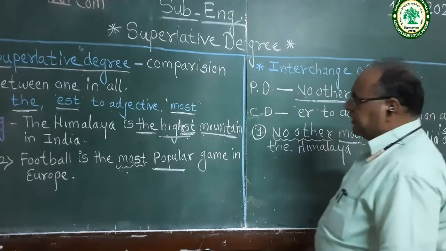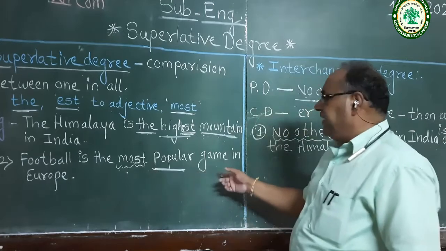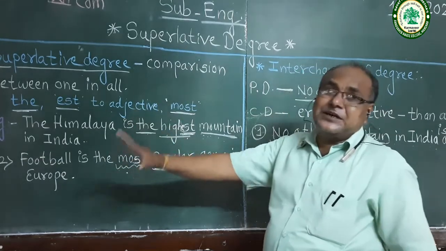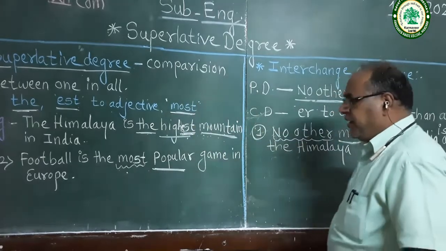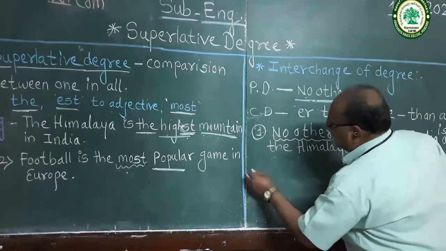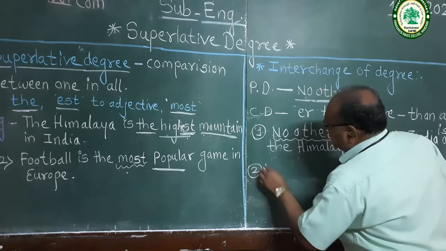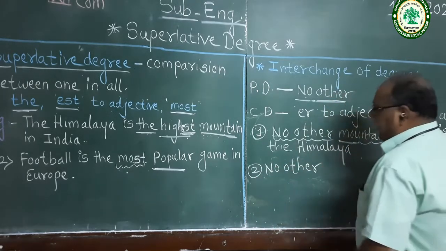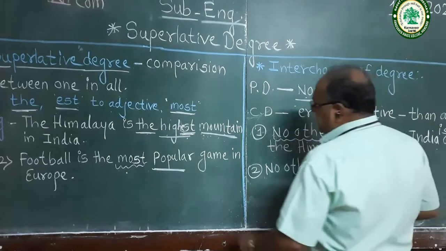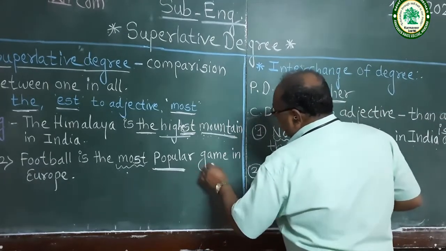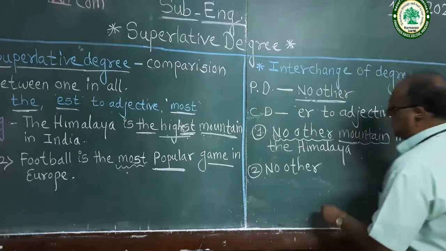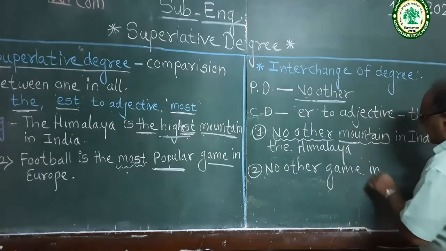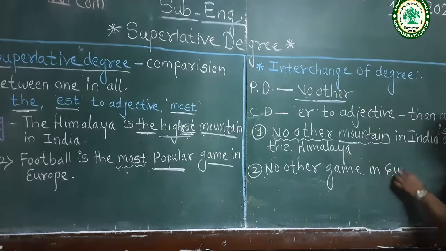Then one more example also. Football is the most popular game in Europe. How can this superlative degree sentence be altered into positive degree form? Once again, we begin our positive degree with "no other". After "no other", you can use the noun "game in Europe". No other game in Europe.